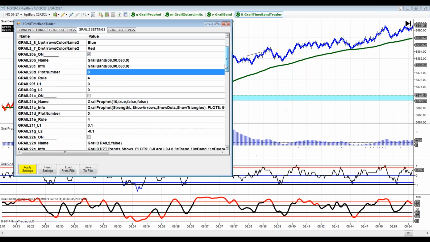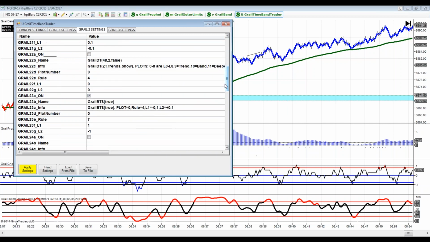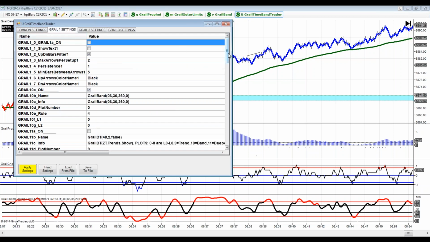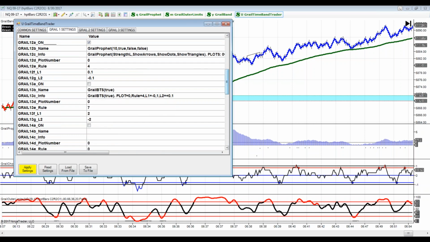What can this do? Well, how is this any different? What you'll notice is the difference is this BTS. The BTS that this is using, you'll notice the settings are 1 and -1, as opposed to over in Grail 1, 2 and -2.